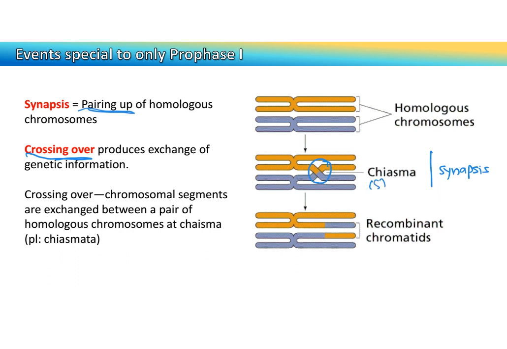Chiasma is singular and chiasmata is plural. So in crossing over, chromosome segments are exchanged between a pair of homologous chromosomes. This is a pair of homologous chromosomes, and this is another pair. Alright? And as a result, after they have exchanged it completely, they will result as recombinant chromatids.